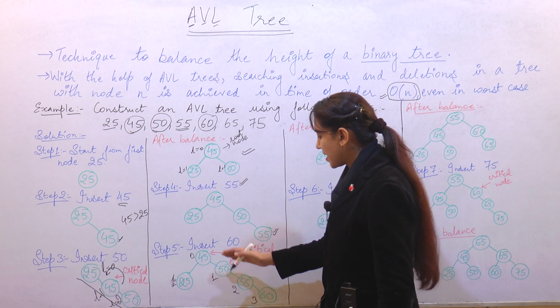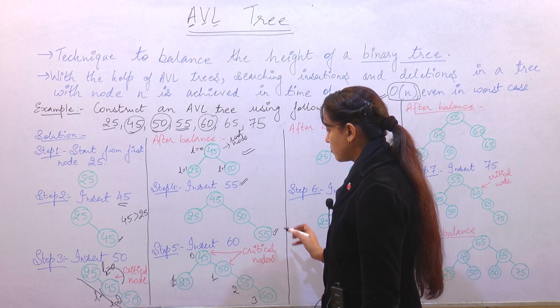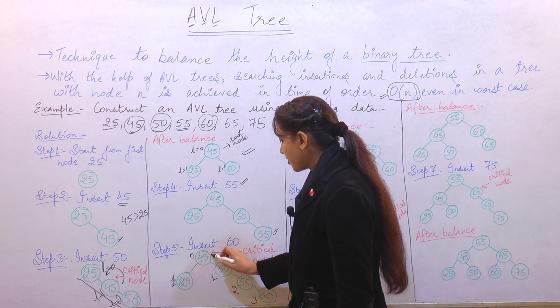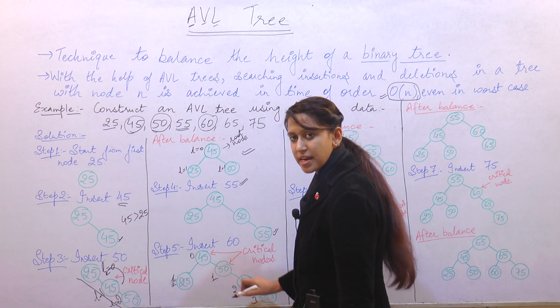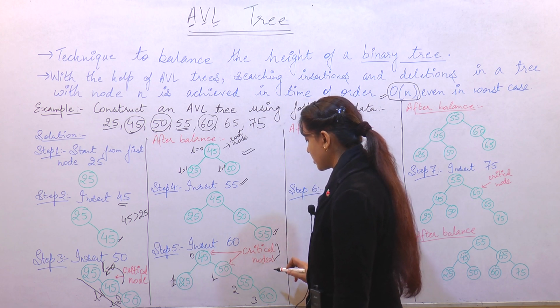So in order to balance this tree, we will again do the balancing with 50 and 45. For balancing the right hand side of this binary tree, we will take 45 and 50 as our critical nodes.